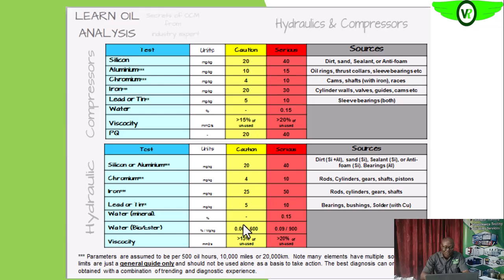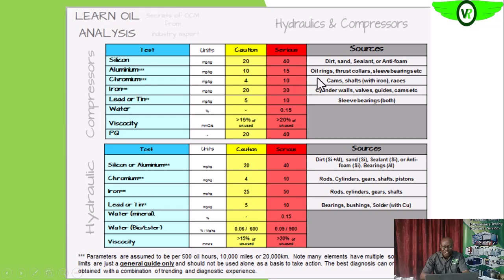So here is a summary of the wear particle analysis and the common sources of those particles that you find in the oil. If you have silicone, that is dirt getting into the oil in the engine, then sand or the sealant could be the possible source of silicone.